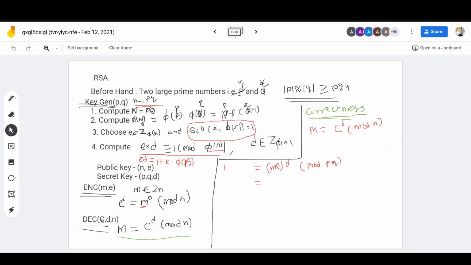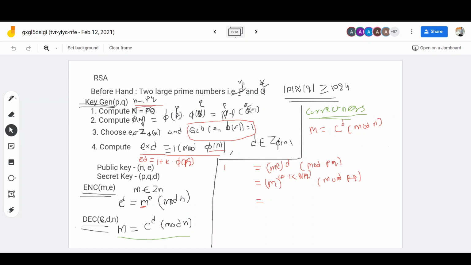So I can write m to the power 1 plus k into phi of pq, of mod p and q. Clear?